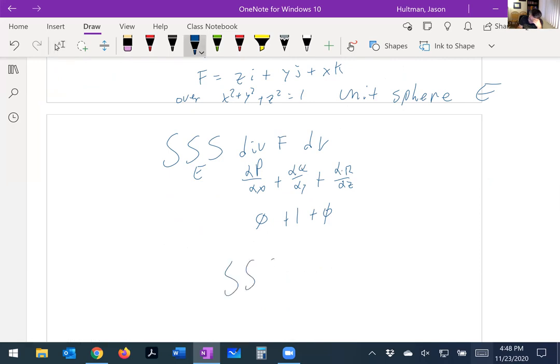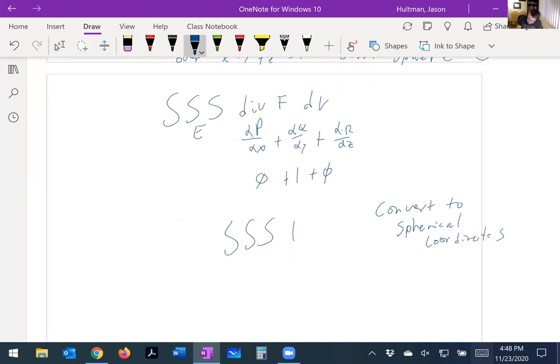So really all we're doing is finding what is the volume of this unit sphere? Well, this is just going to be 1, right? And then I want to convert to spherical coordinates.